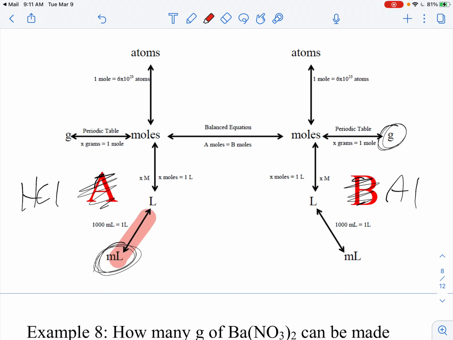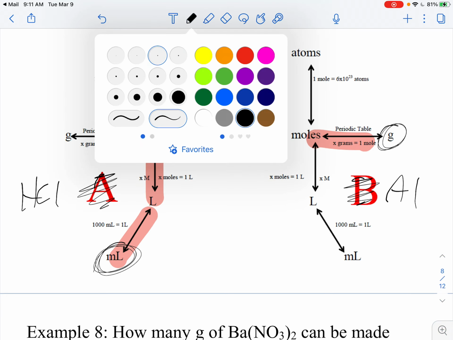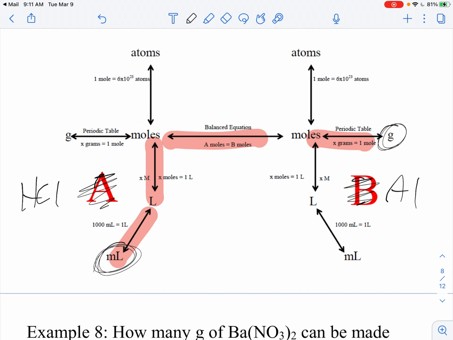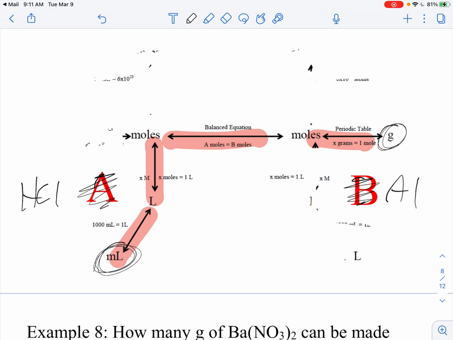So my path on my mole map is going to be a 1, 2, 3, 4 equation system. And I'm not going to need any of the rest of this stuff because I am not asking you anything about any of this over here. And so consequently, all of that is just going to get in the way and be a distractor.